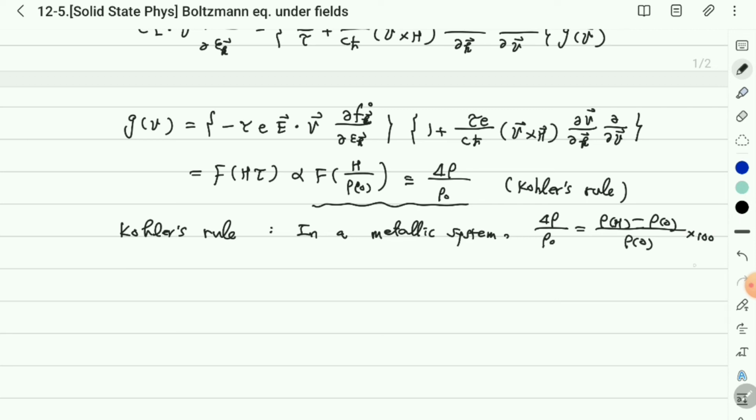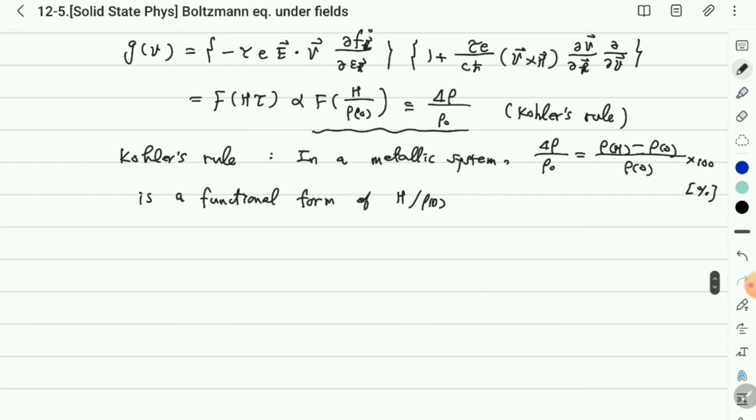The unit is percent, and the magnetoresistance is a functional form of H over rho zero. It is Kohler's law. The rho zero is the electrical resistivity at zero field, and it is a function depending on the geometric configuration of the metal.